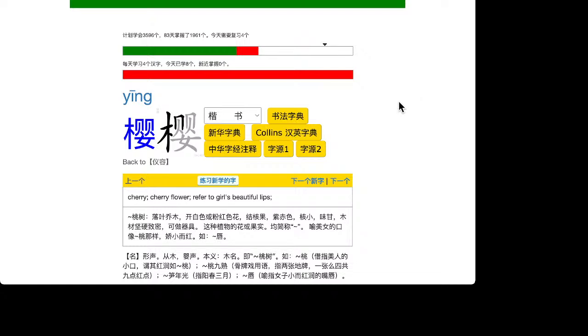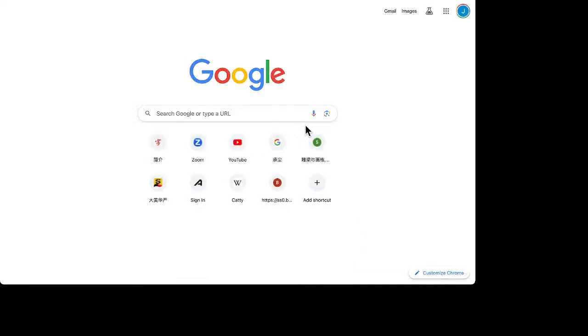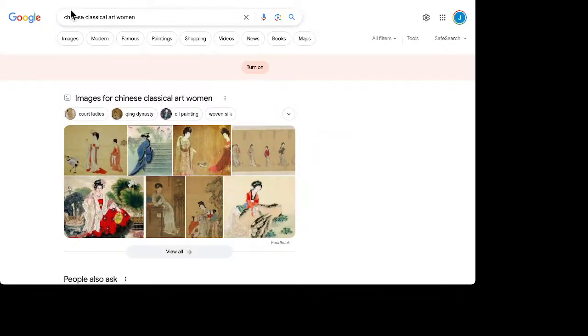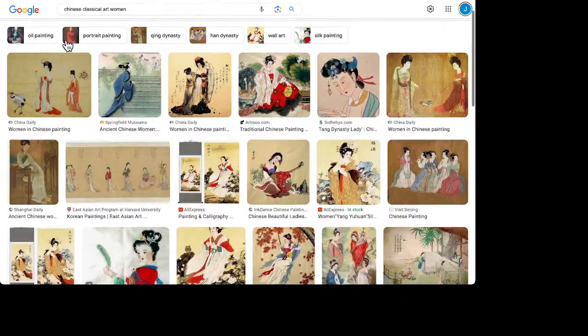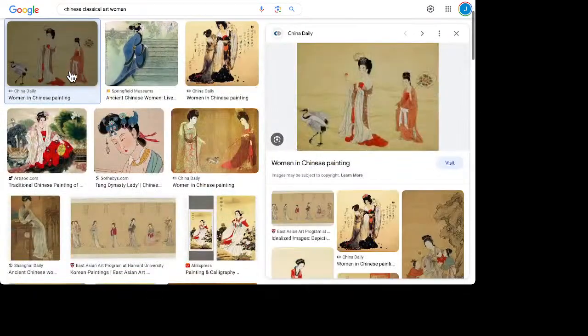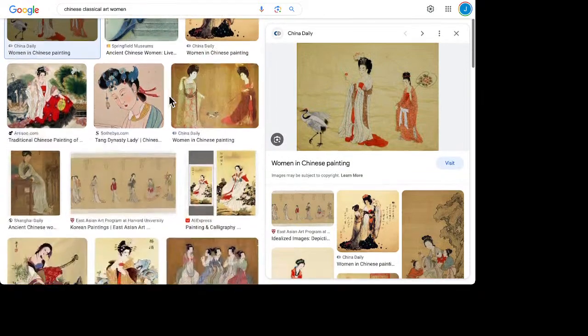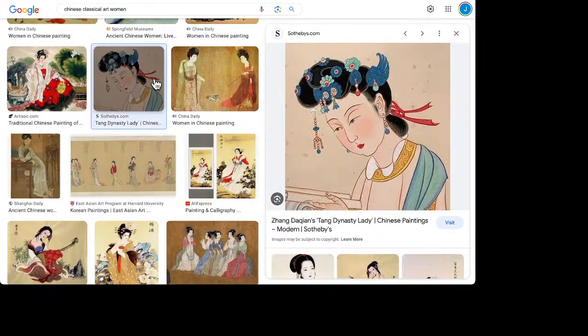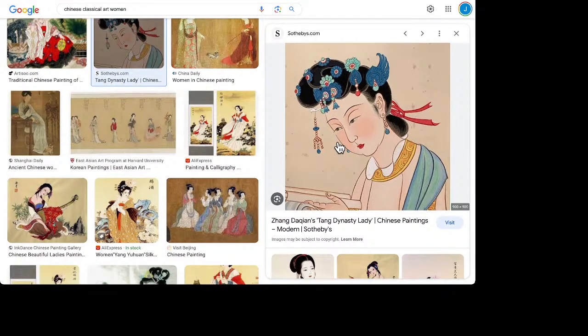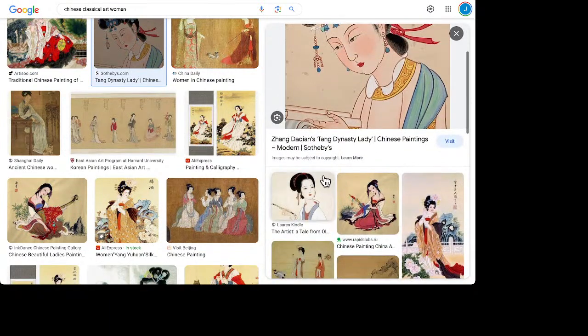And this, if you look at like the women in the old paintings, they all kind of looked like this.